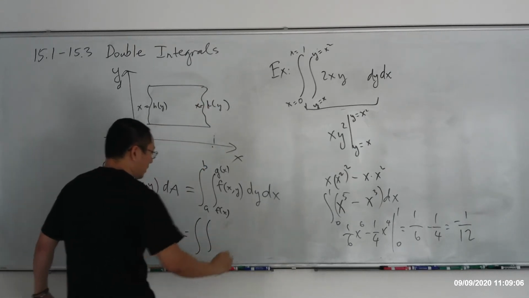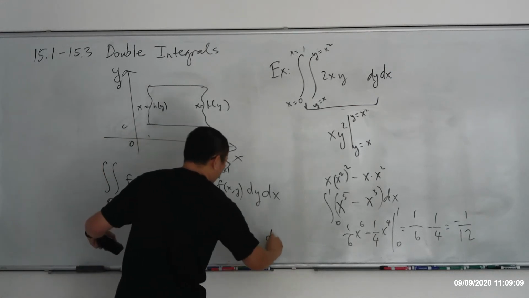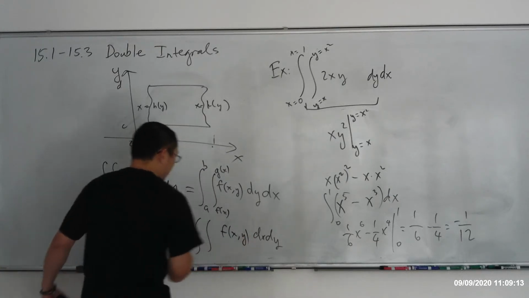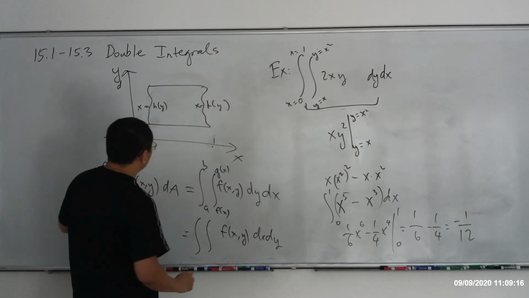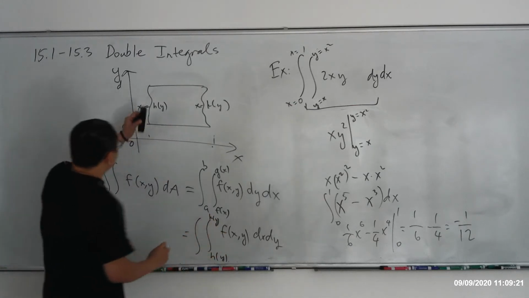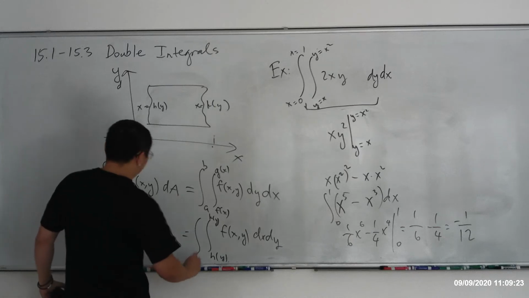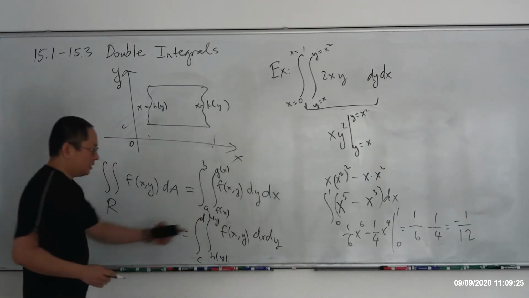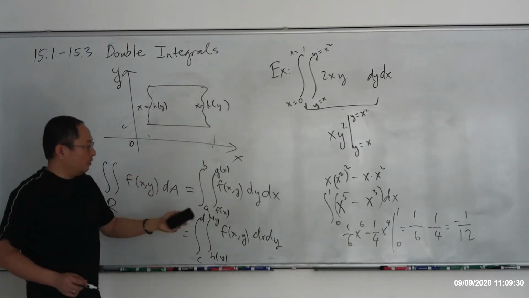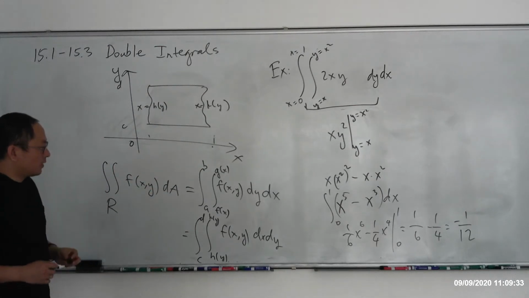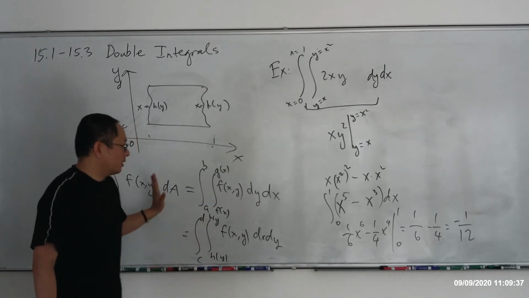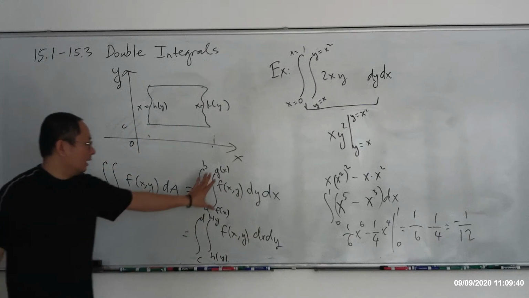Now y is a constant, so dy is outside, and dx inside. Still f(x,y). And variable x runs from h of y to k of y, closer to further, and then y runs from c to d. Same idea, just interchange. If you see the shape like this, y is constant, x a variable, you have to integrate x first and y out. And the other way around, x is constant, x is outside. Anyway, constant is going to be outside, function stays inside.